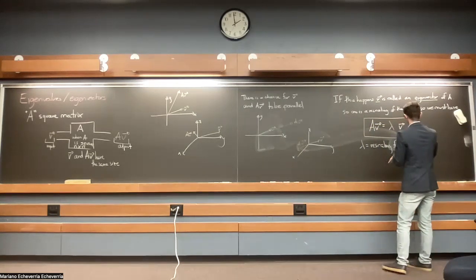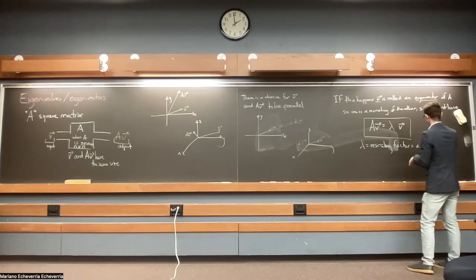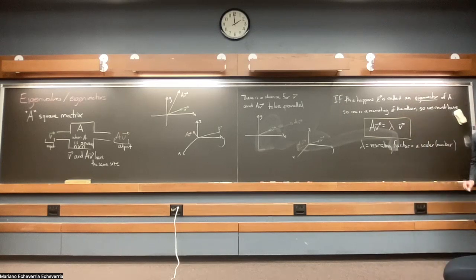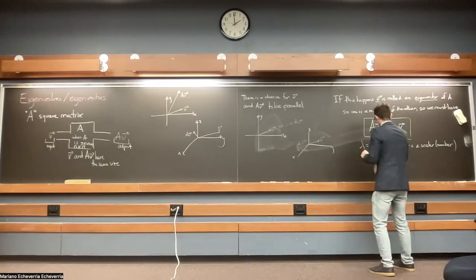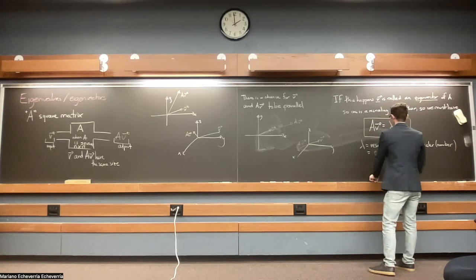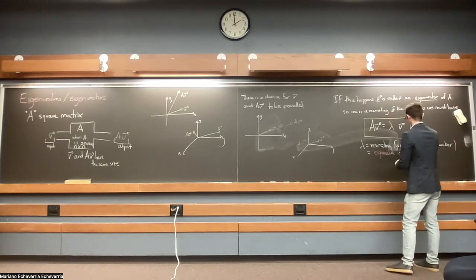So it's a number, a scalar. And that's actually what's called the eigenvalue. So this is called the eigenvalue for the eigenvector v.